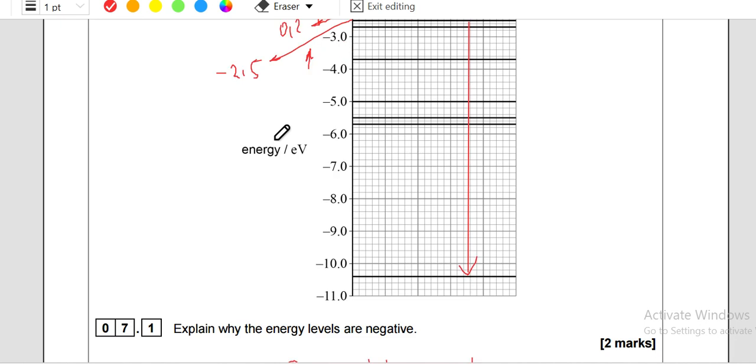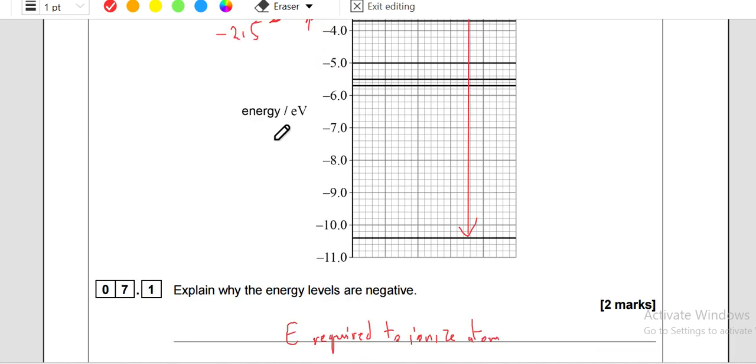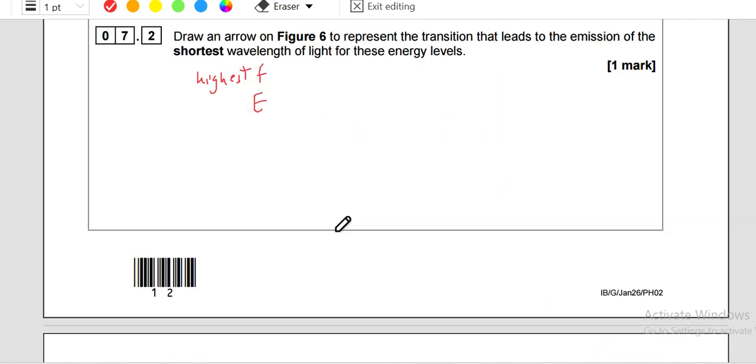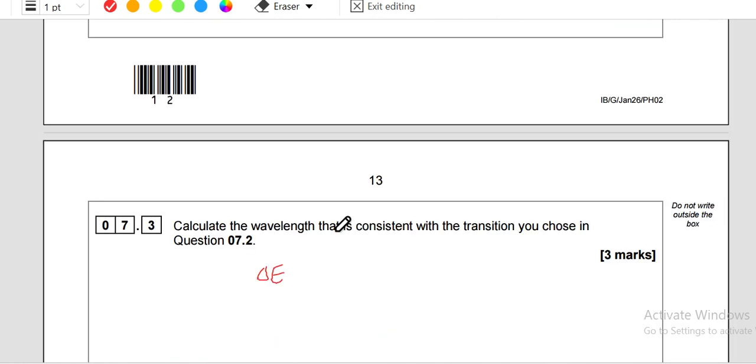We can say that we have -2.5 minus -10.4, and we will get the answer as 7.9 eV.